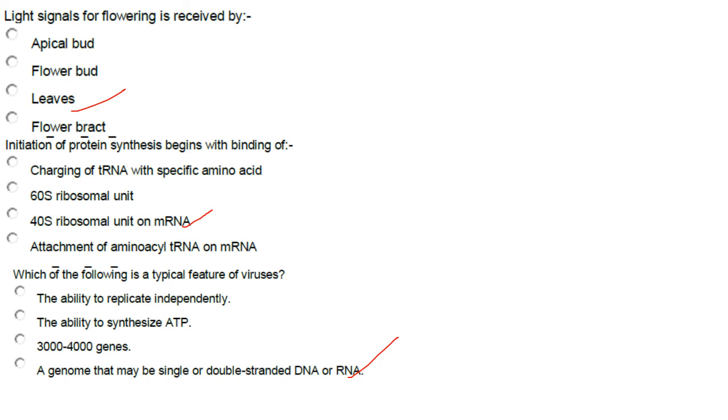The ability to replicate independently, the ability to synthesize ATP, 3000 to 4000 genes, a genome that may be single or double stranded DNA or RNA. So that is the typical feature of viruses, whereas others are not features of viruses.